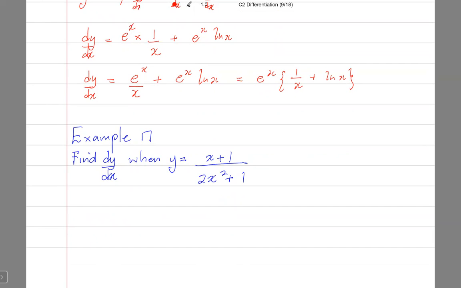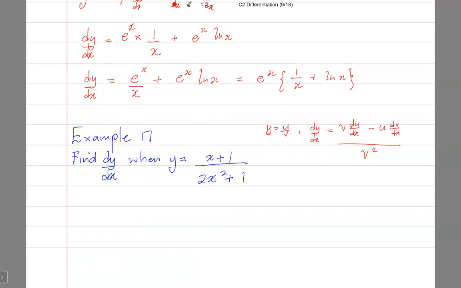With 17, this is a quotient. To do 17, you're going to apply the quotient rule, which says that if y is equal to u over v, dy by dx would be equal to v du by dx minus u dv by dx all over v squared.